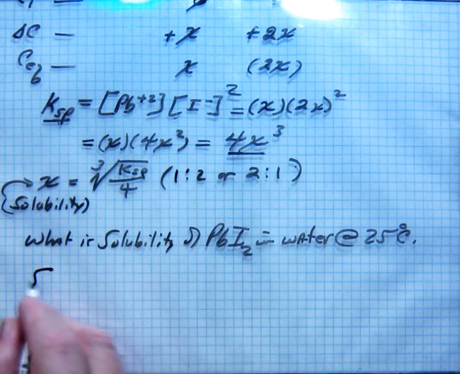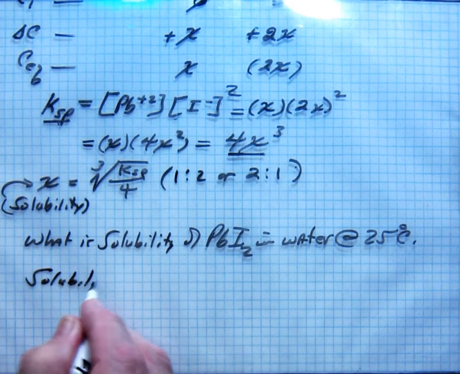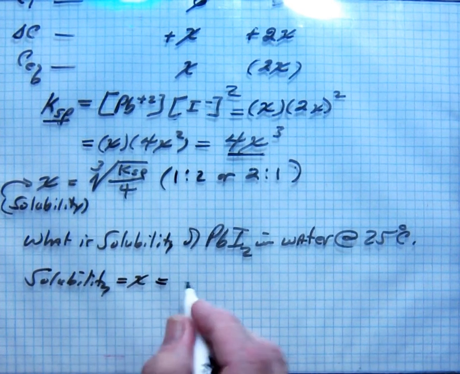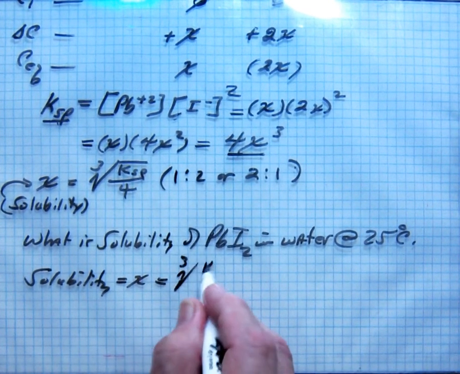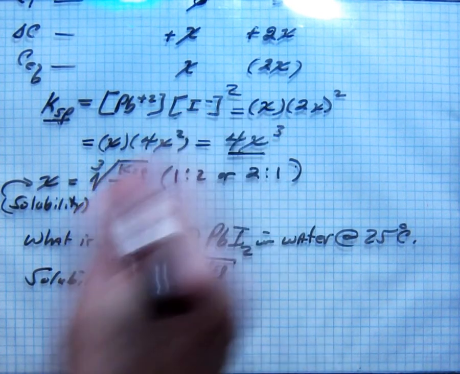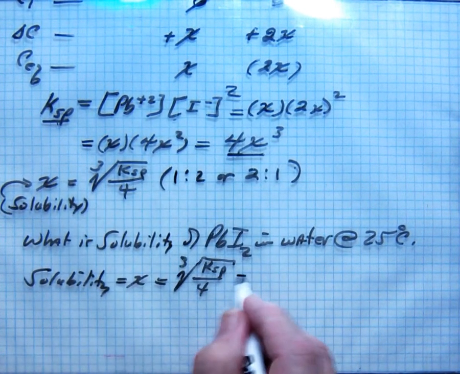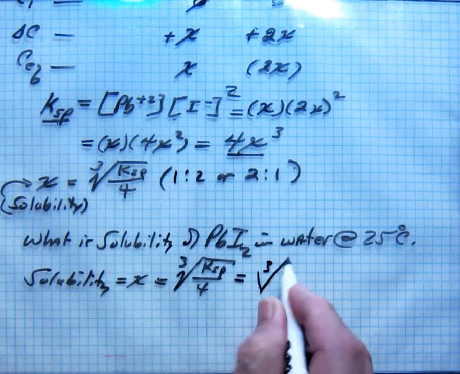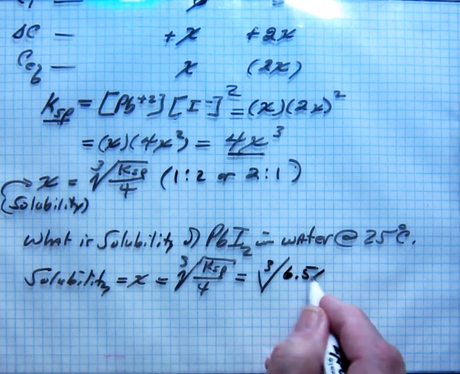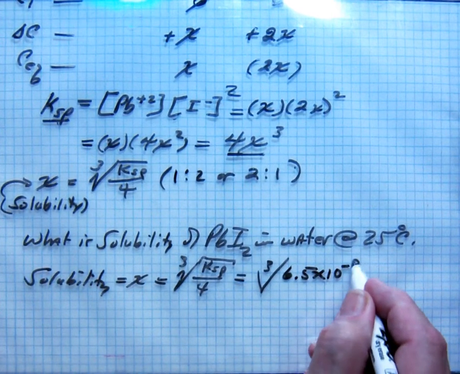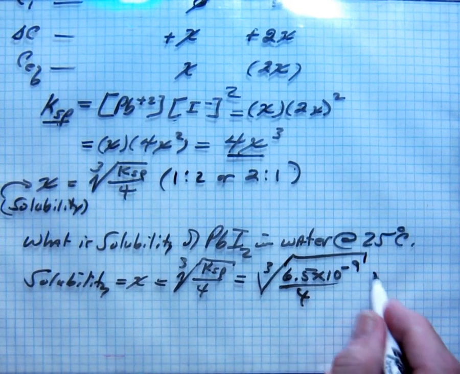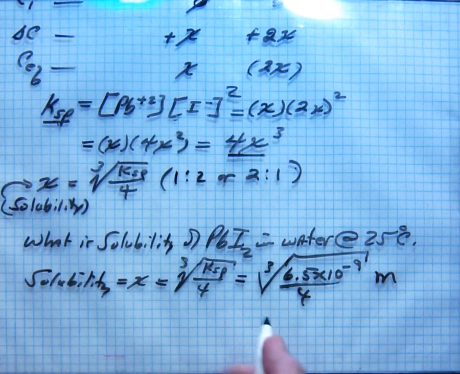So solubility always is X, which in this case is the cube root of KSP over 4, as derived above, and that's the cube root of 6.5 times 10 to the minus 9 over 4, and that will be in moles per liter.